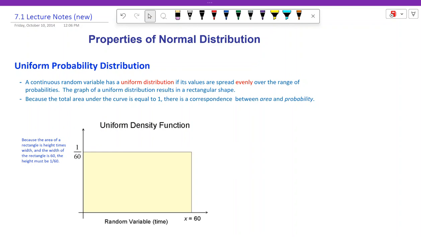So as a reminder, remember that the area of a rectangle is equal to its base times its height.